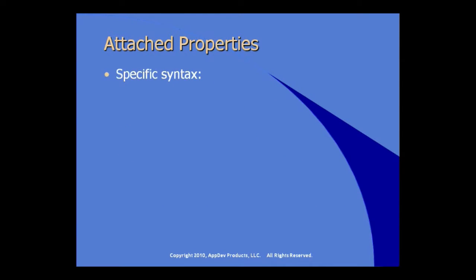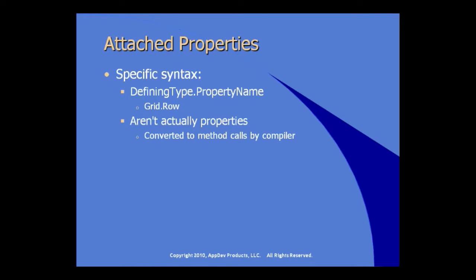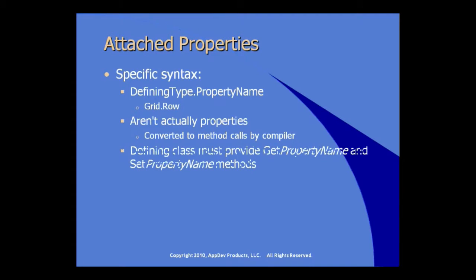They have a very specific syntax. The syntax is defining type dot property name, grid.row, grid.column. They aren't actually properties of the child control. They aren't actually properties of anything. The compiler converts them to method calls on the parent object. So the defining class has to provide, for example, the grid control has a getRow and setRow method.